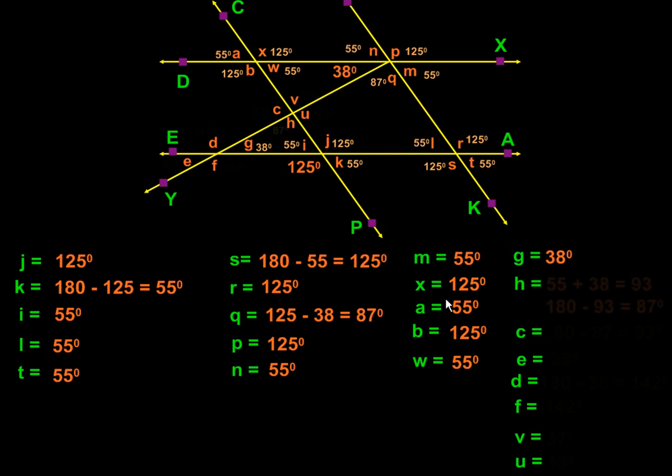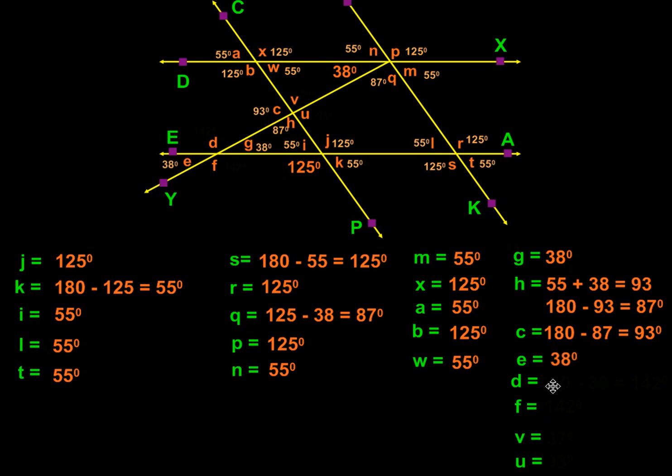H would have a value of 38 plus 55 subtracted from 180 degrees, which gives it a value of 87 degrees. C would have a value of 93 degrees, 180 degrees subtracted 87. It's going to give us 93. E is a corresponding, a vertical angle to G, and so that's also going to be 38.